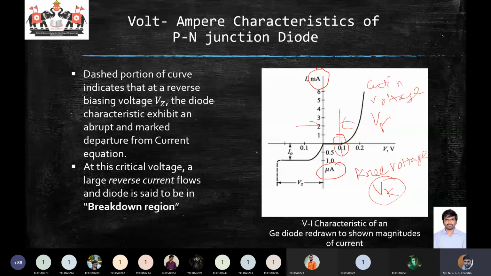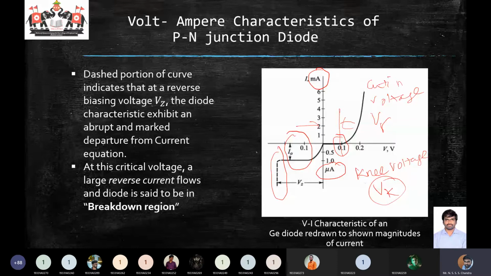If you come to the reverse bias side, you have an almost constant current I naught up to some voltage. If the voltage keeps increasing, at some point the diode is said to be broken down, and suddenly the current starts rising.